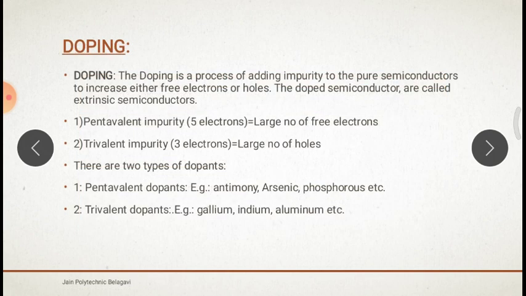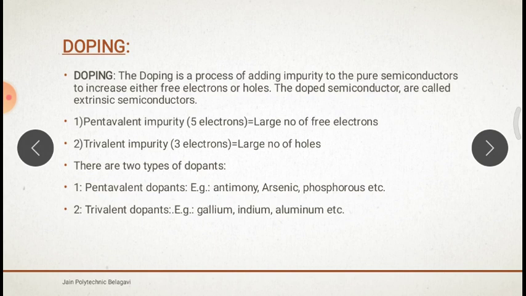Next, doping. Doping is the process of adding impurity to pure semiconductors to increase either free electrons or holes. The doped semiconductors are called extrinsic semiconductors. I told you already, in an intrinsic semiconductor we have to add some impurities, meaning other materials. Such a process is called doping.